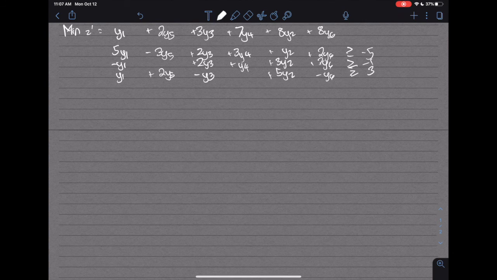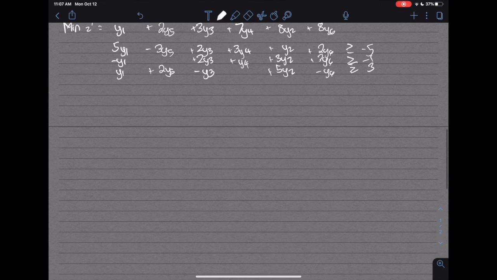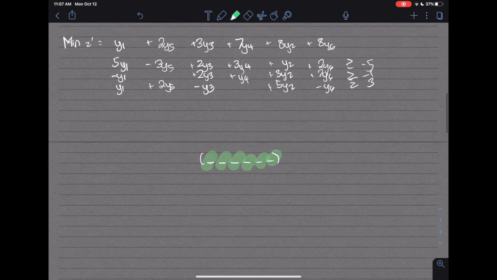a z value. So for the start, I will assign each variable as a blank value. 1, 2, 3, 4, 5, 6. Each blank corresponds to the values we have. This is for y1, y5, y3, y4, y2, y6, or basically the order that it is in your objective function.